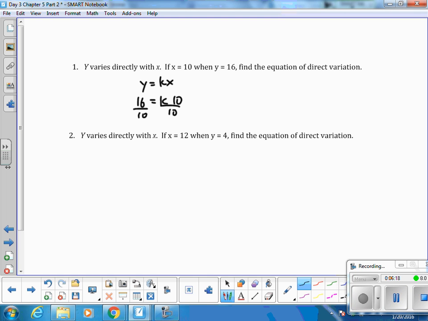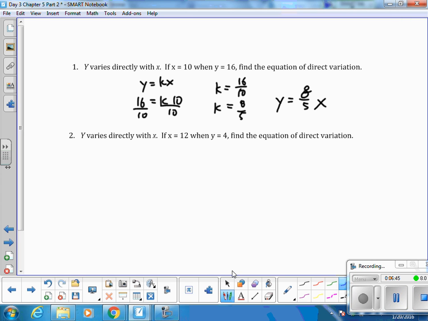Divide both sides by 10. I can see that k equals 16 over 10, which can simplify down to 8/5. So my equation is y equals 8/5 x. There's my equation, knowing that there's no constant on the end.